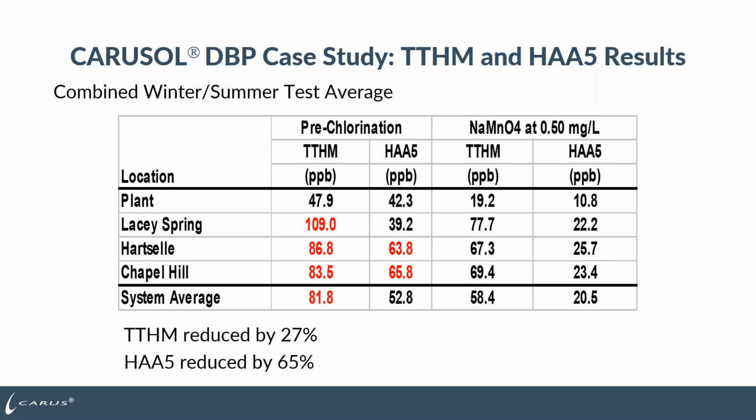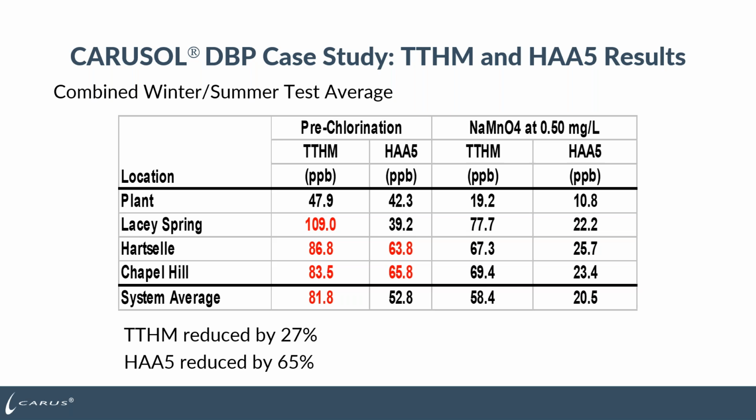Combine those 2 quarters together, so that's 2 quarters versus 4 quarters. You can see that across the board, each of the individual sites were going to comply with the 80 part per billion and 60 part per billion part of the regulation. If it was pre-chlorine, this is why they were having failures with Stage 2. A lot of the individual sites were going to be over the regulation.